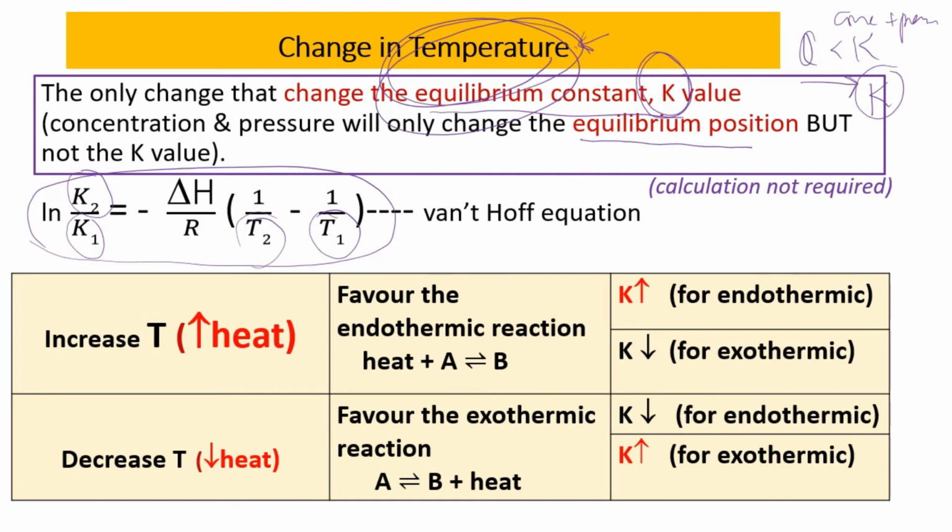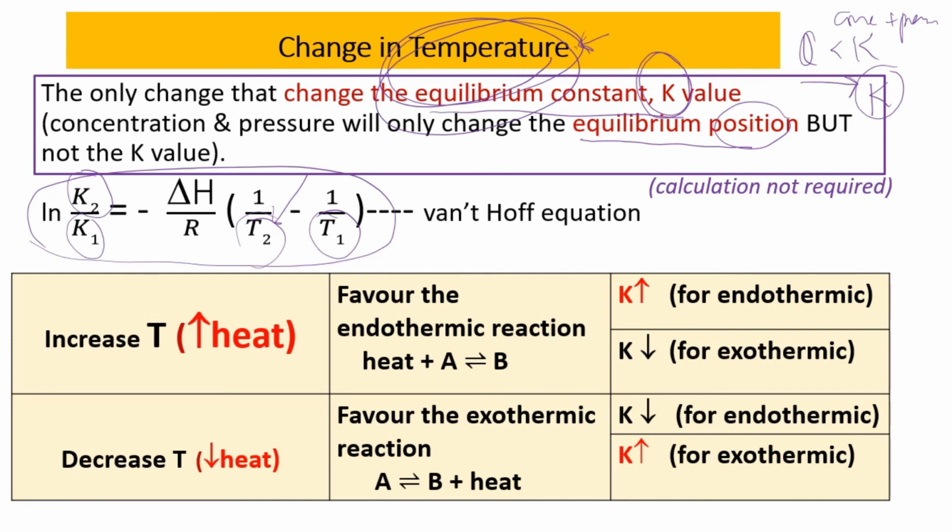So you don't need to remember this equation, it's just to tell you this is the only factor that actually changes the value of K. The rest of the changes will not affect the value of K. They will affect the position. Yes, shift to the left, shift to the right, but they will not change the value of K. So the calculation is not needed, so don't worry. You just need to take note of this equation.